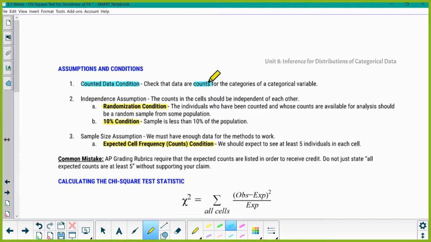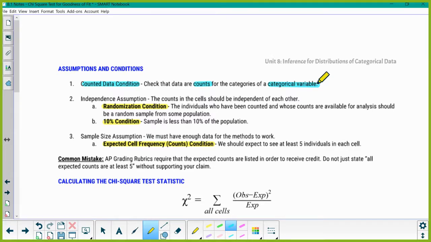If you have anything like a measurement or a time or a length of time, anything that is not like there are 5 people in this group, there are 6 people in this group, 7 people voted yes, 10 people voted no, if you have anything other than counts, you cannot do a chi-square test. It has to be counts. It has to be putting people into categories. It has to be categorical data. It cannot be quantitative.